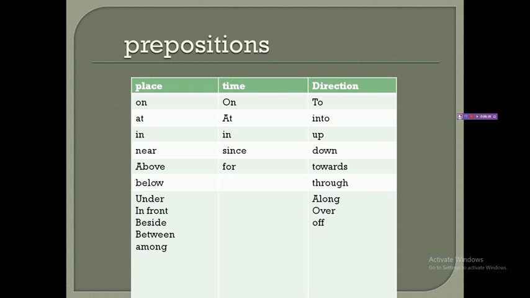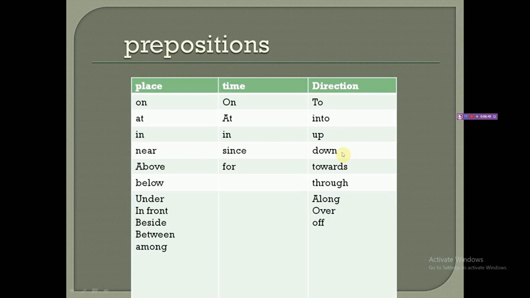For example, the fox jumped into the well. Up is used to talk about something which is higher in position, or movement to a higher position. For example, he is upstairs. She is up a ladder.